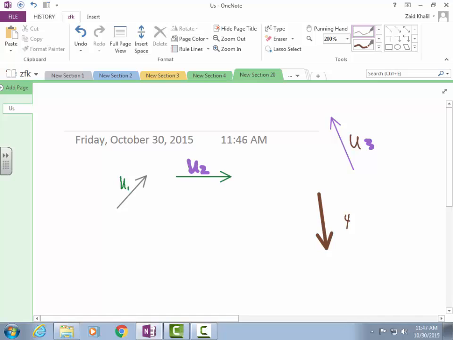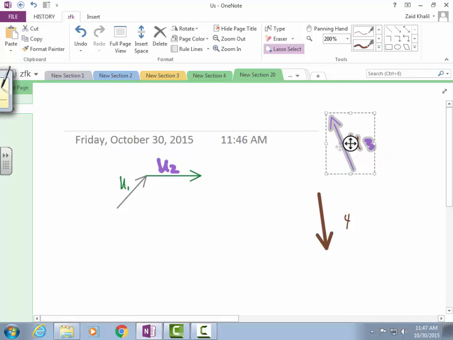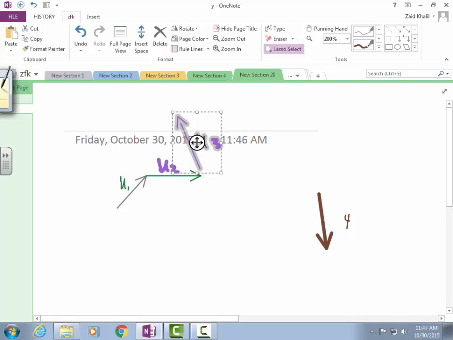So what do you think we should do? Now, do you think we should go and reconstruct it like this? And the answer is, guess what? You don't need to. Because guess what you can do? I could take U2, translate this, and I can take U3 and translate that, and I can take U4 and translate that.